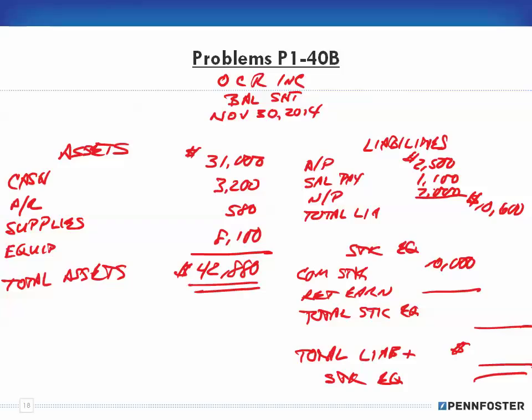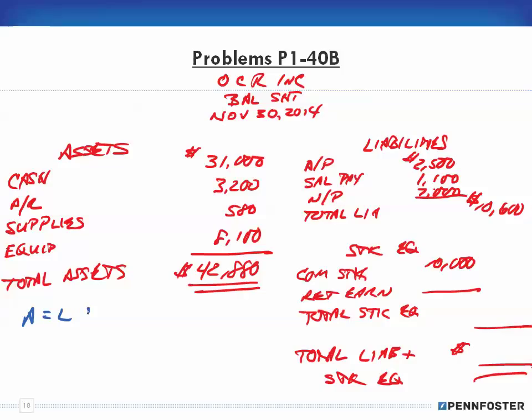So, and I'm going to do it in blue, if I have $42,880 as my assets, remember assets is equal to liabilities plus equity, okay? And if my liabilities are 10,600, let me do it this way.